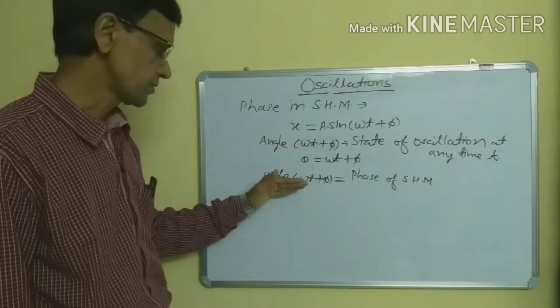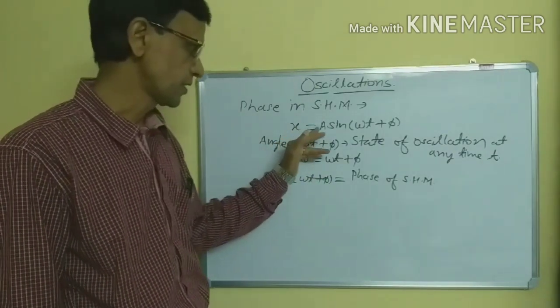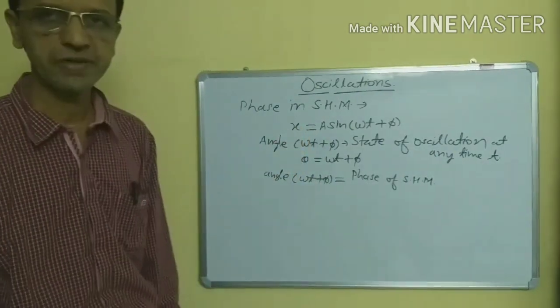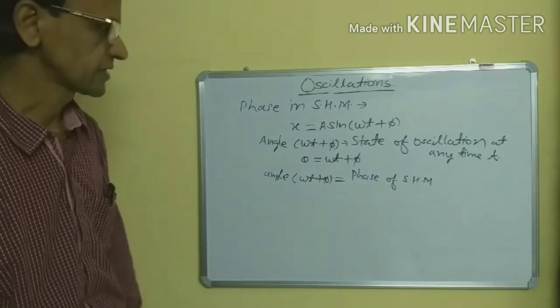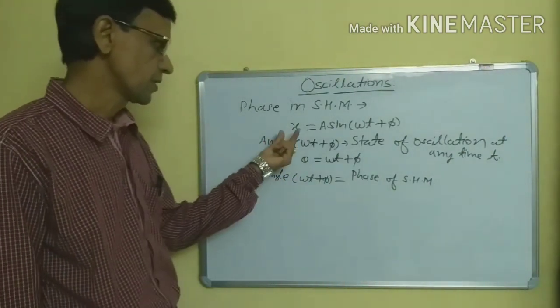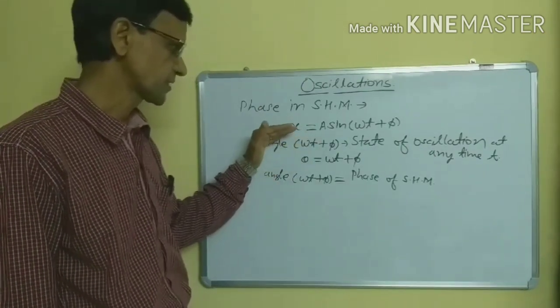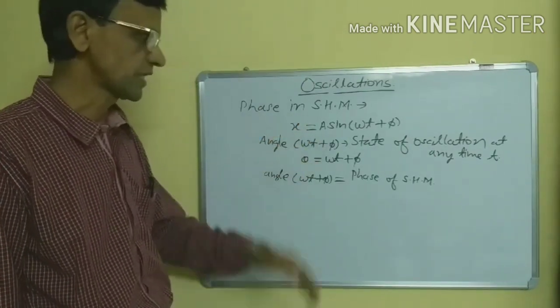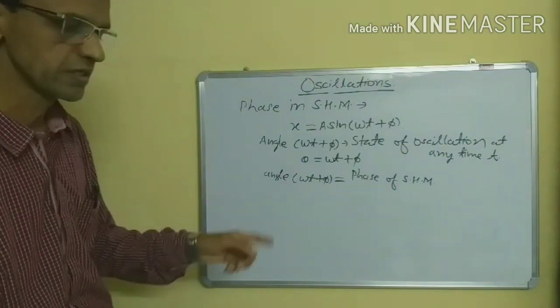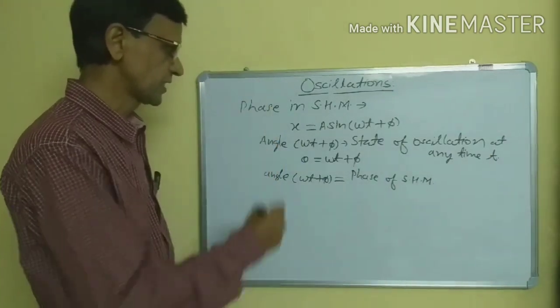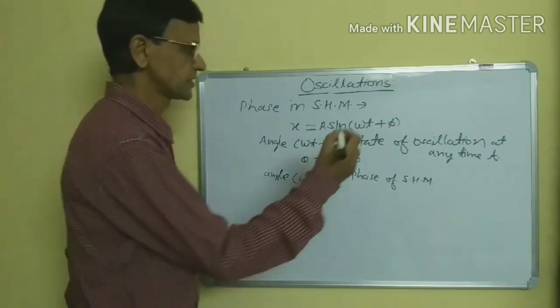Because for different variables such as displacement, velocity and acceleration of the particle, we cannot express the state of oscillation of the particle at any instant of time during its oscillation on a straight line path.